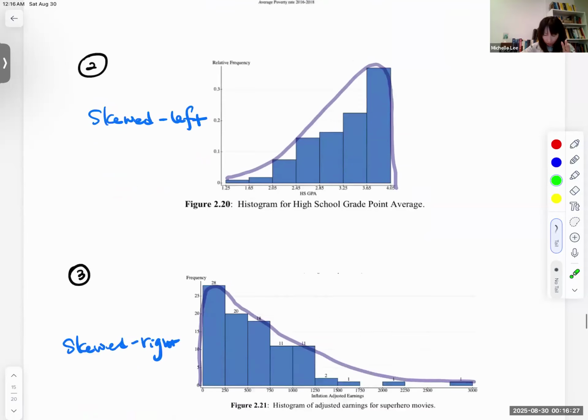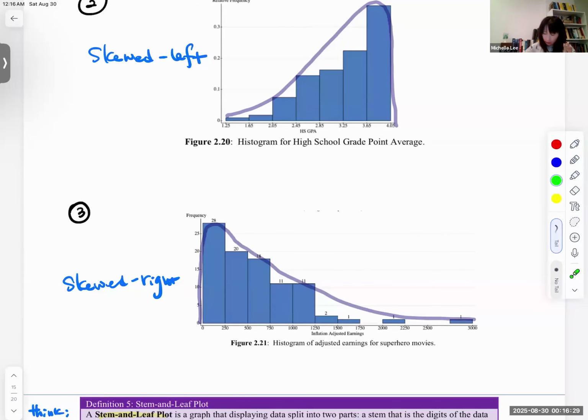Okay. So let's take a look here. This is the histogram, right? So we have a frequency of 28 from 0 to 250. Those 28 data values, we don't know the exact values, but we know they are between 0 and 250.